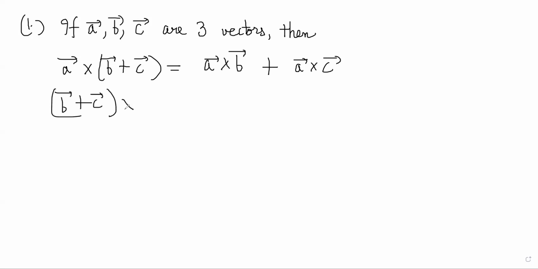So we have already seen it. I'm just writing it for reference purposes. This will be B cross A plus C cross A. And next we have the idea which we have already discussed, that three non-zero vectors A, B, C are coplanar if and only if their box product is zero.